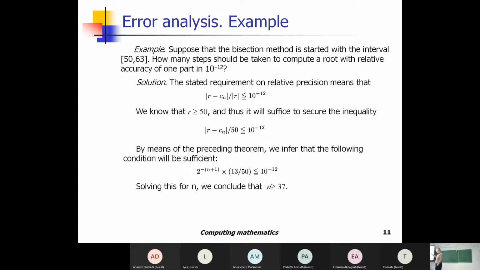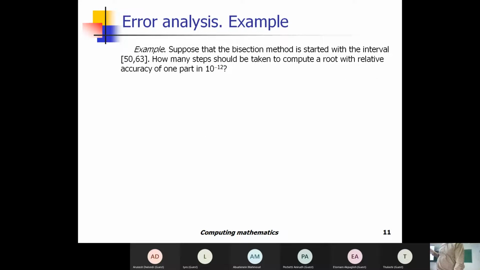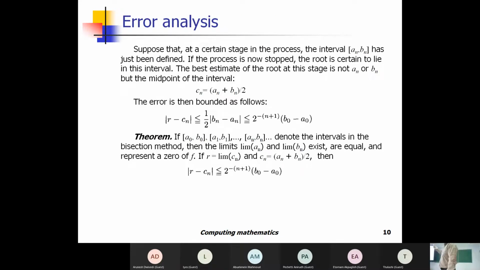That's why the real root must be greater than 50. And in this inequality, I can write here over 50. And after that, I can apply this theorem.